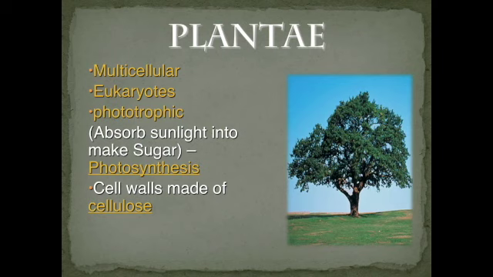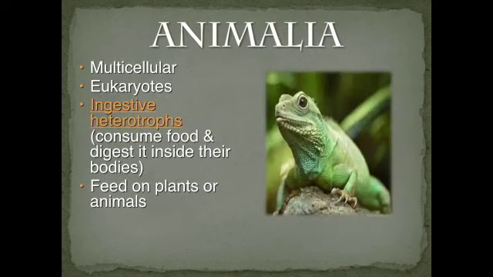Now, they also have a cell wall just like fungi, but instead of chitin, they have cellulose. Now, the last one here is kingdom Animalia. Animalia, just like plants, are multicellular eukaryotes, but how they're different from fungi is they ingest first and then digest second. So they're ingestive heterotrophs when they eat.